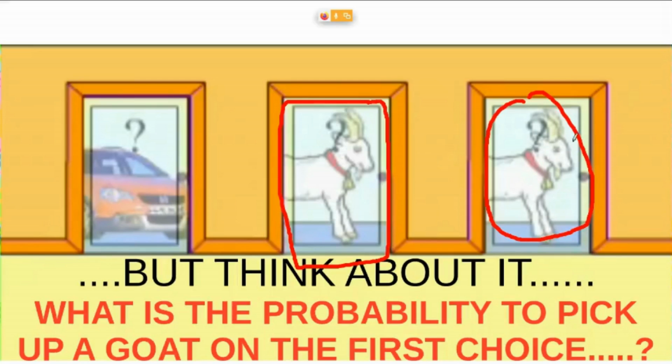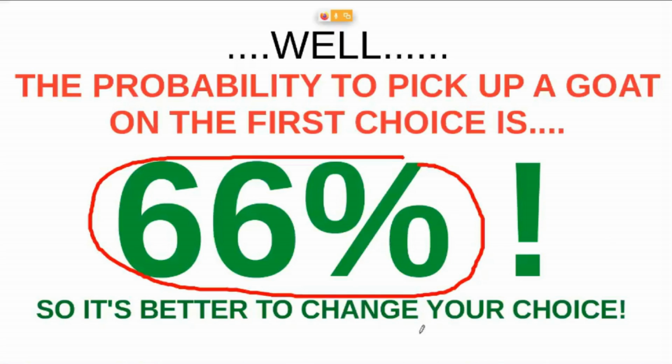So obviously with this 33%, if you swap your choice, you will get a goat. But the possibility to pick a goat at the first choice is double the possibility to pick a car with the first choice. So that's why it's better to swap, to change your choice.